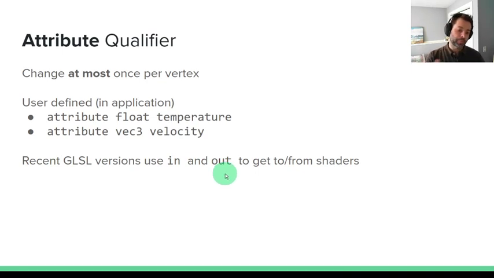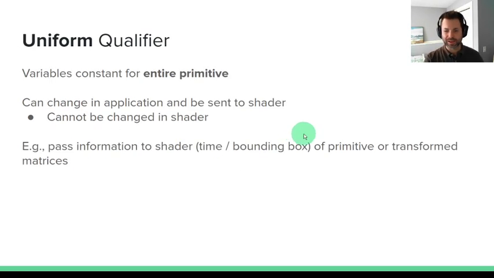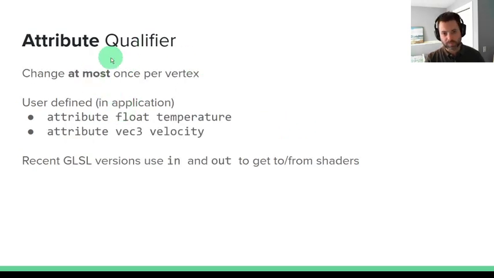And by default, we're using GLSL1. I don't know what the exact headers you need to put in to force GLSL2, but it's not fully a standard yet, is my understanding. I think it's at the proposal stage. Okay, so we have attribute. We've seen this.